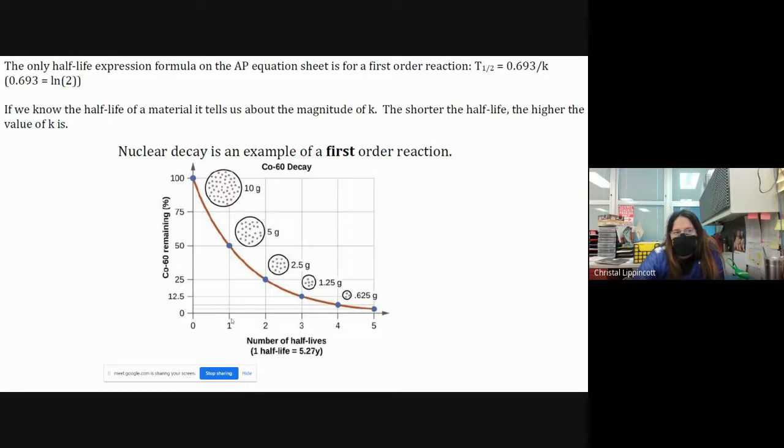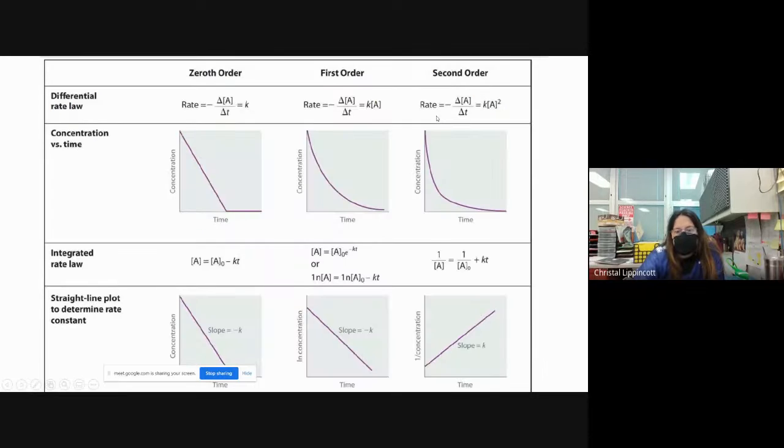It took us 1 half-life to do that. Then you can take T1/2 equals this over K. Well, if T equals 1, then 1 over K equals this, and then do your math. You can figure out what K is.